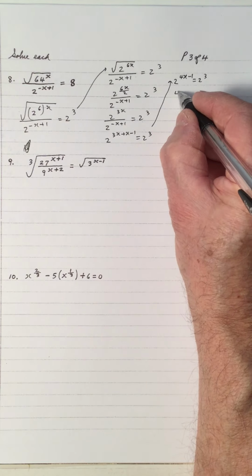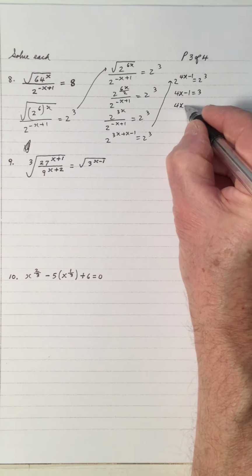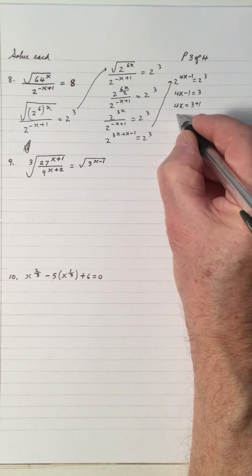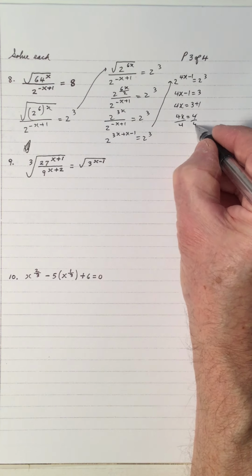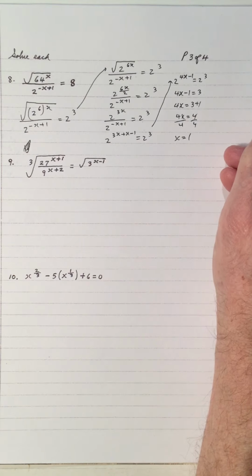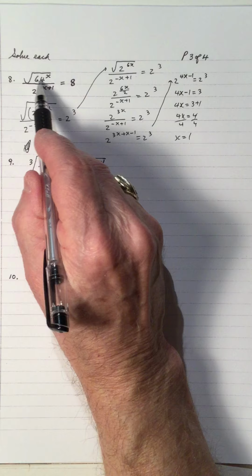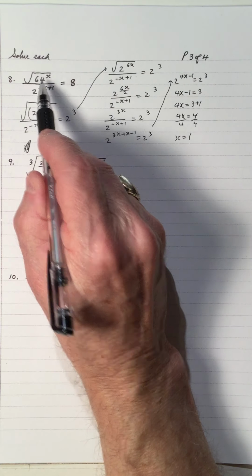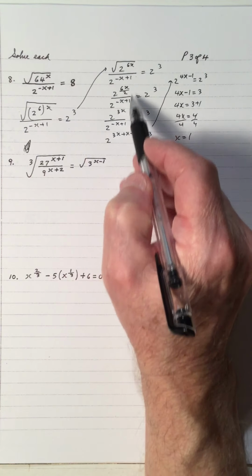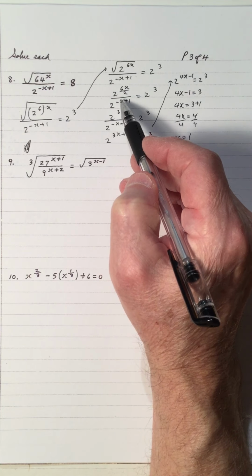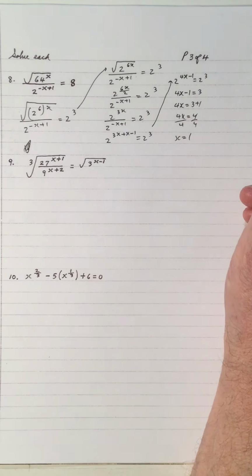Same bases, so 4x minus 1 equals 3. 4x equals 3 plus 1. 4x equals 4. Divide by 4, and x comes out to be 1. So notice I simplified the inside of this first to get it to the same base of 2, and then by doing a division with the like bases, I subtracted the exponents and simplified it.